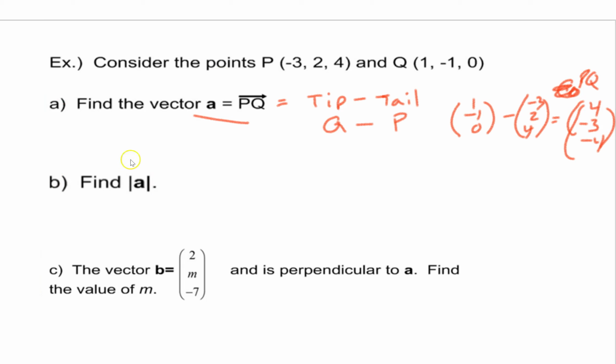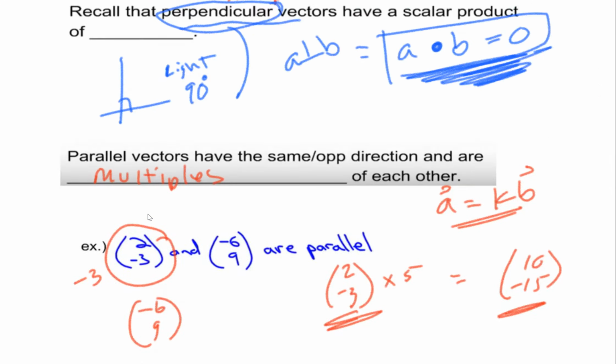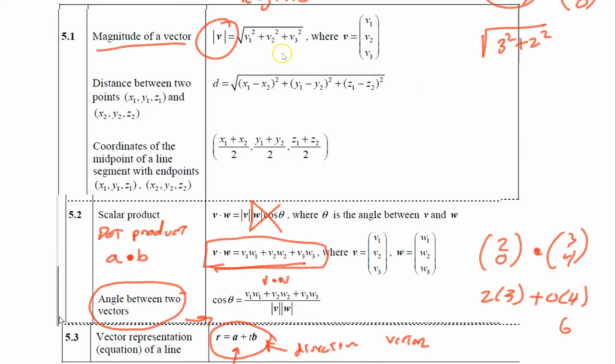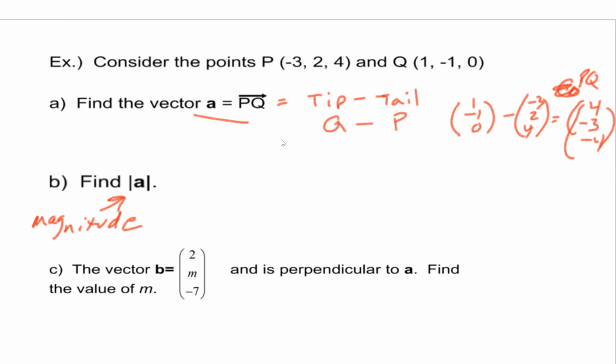Now find the magnitude of A. Again, that means how big is it? What's the size of A? Now we have a formula for it. It's in your formula sheet right here. You just take the square root of each thing squared. So in this case, my magnitude would equal the square root of 4 squared plus negative 3 squared plus negative 4 squared.